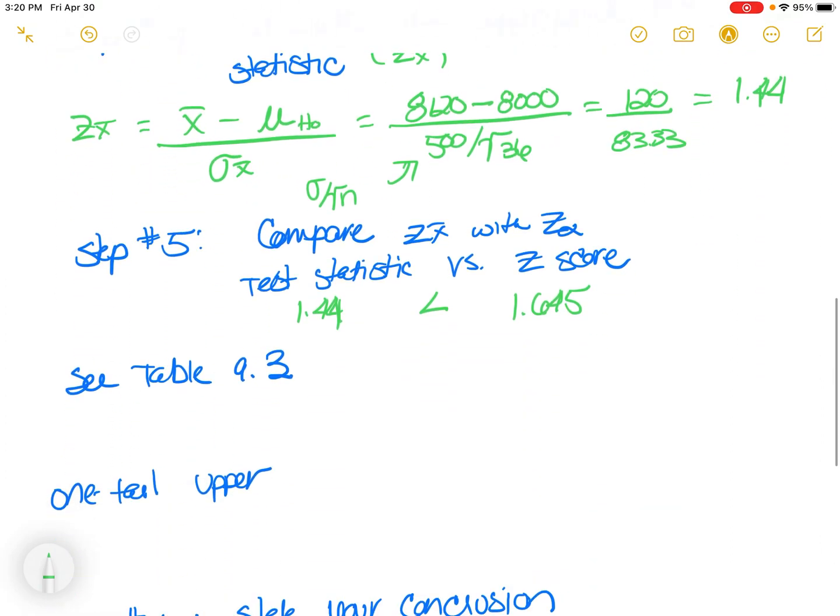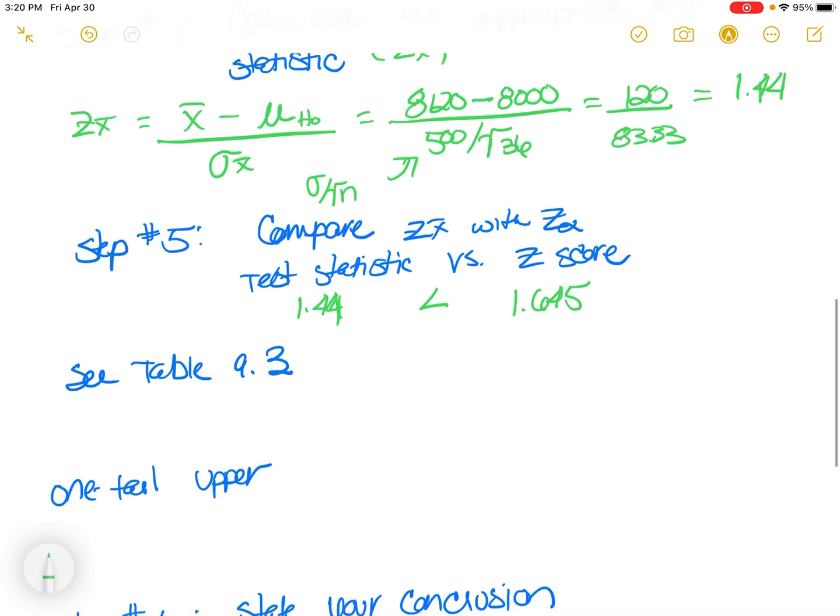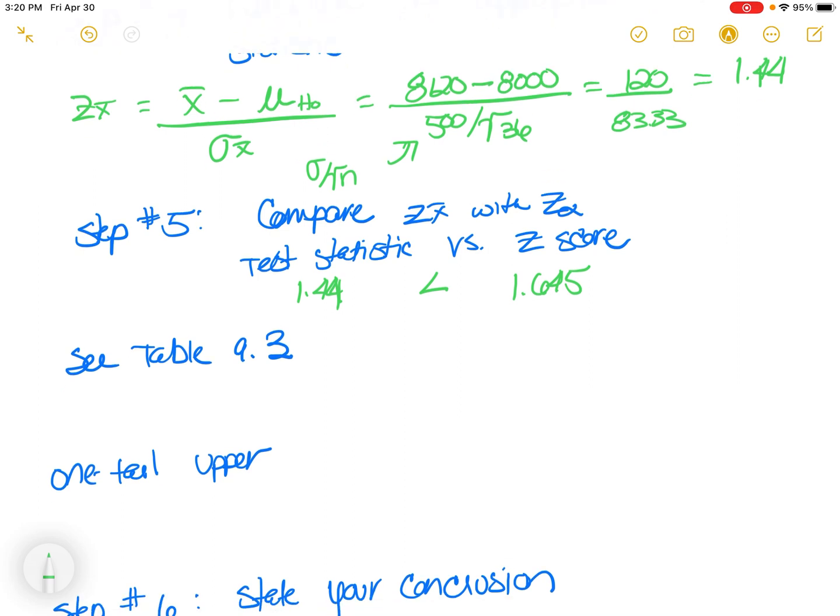For the upper tail test, I'm taking this directly from your book.